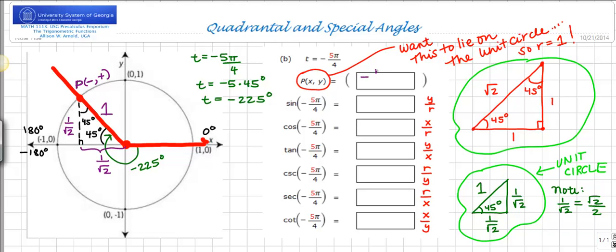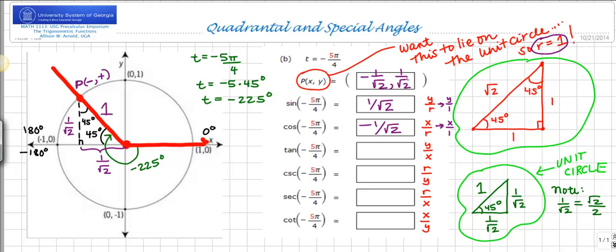So we have an ordered pair of negative 1 over root 2, comma, positive 1 over root 2, and remember r equals 1. That's important. So the sine value being y over r, if that's y divided by 1, then the sine value is just the y coordinate of the point on the unit circle. Likewise, x over r, the cosine value is simply the x coordinate of the point on the unit circle.